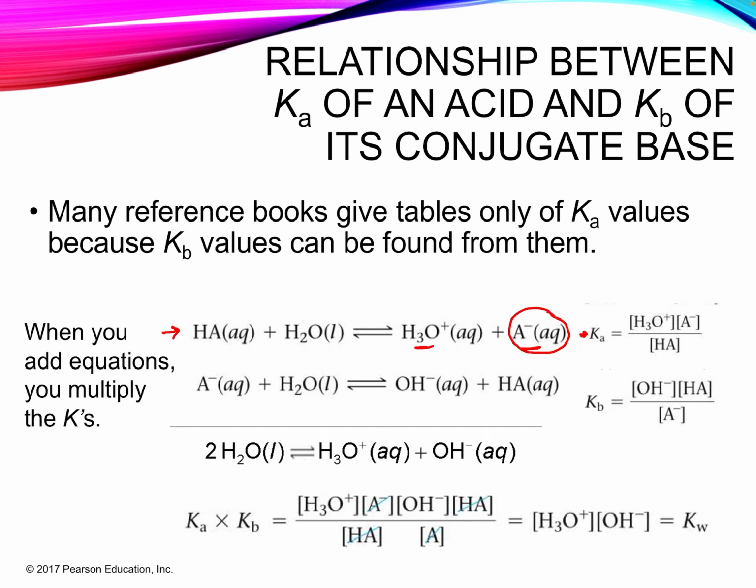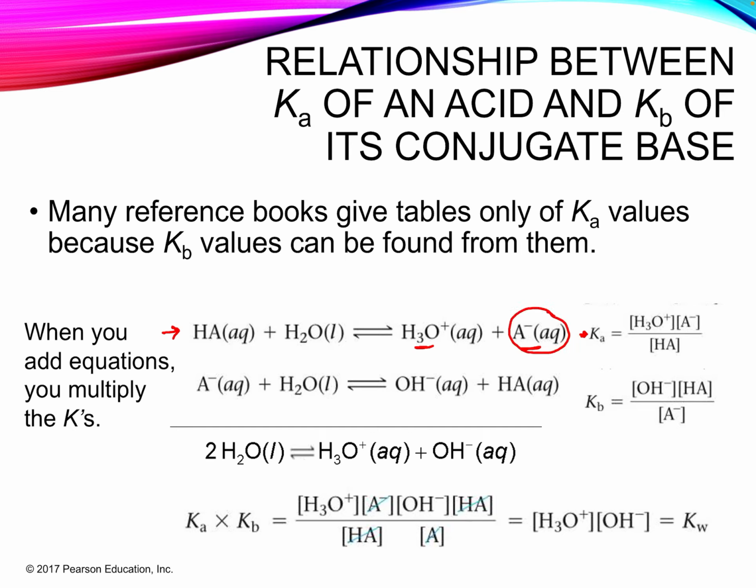The autoionization of water. So when we add these reactions together to get this overall reaction, remember how we manipulate Ks when we do that? We are going to multiply these Ks together. So adding our reactions together got us to multiply these Ks. So Ka times Kb, and if we cancel out all of the stuff that appears on the top and the bottom, we're getting H3O plus times OH minus, which we know from before, that's Kw.